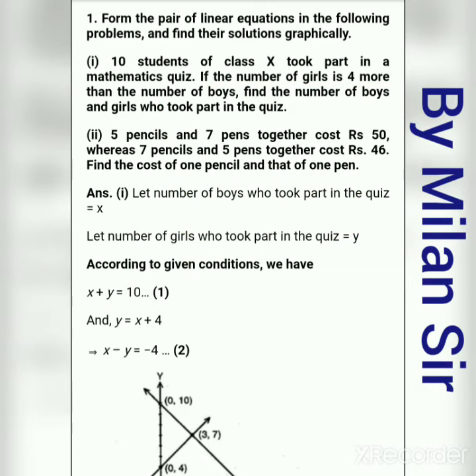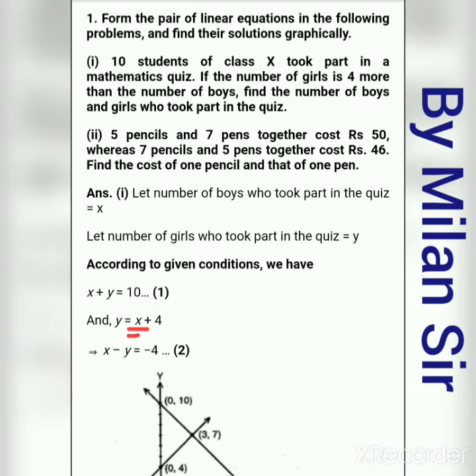Now we transfer y to the right hand side. In most cases we try to make x positive. Here x is already positive, so we do not transfer x, because if we transfer x it becomes minus x.